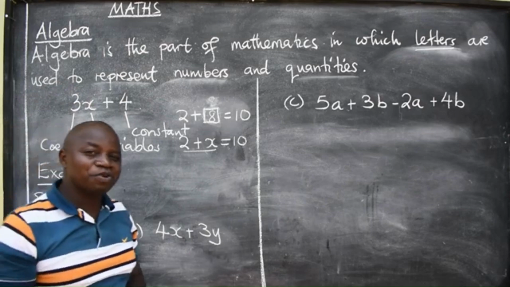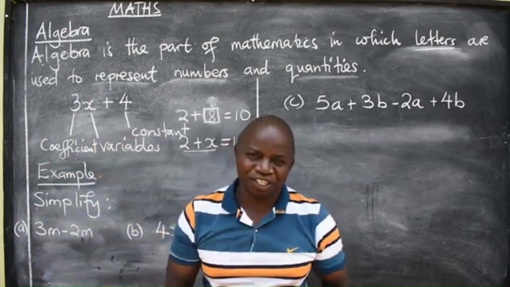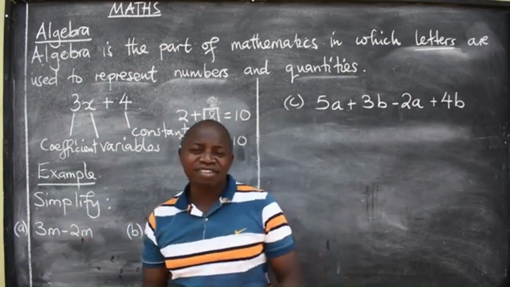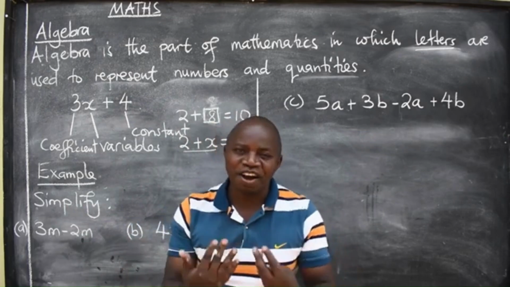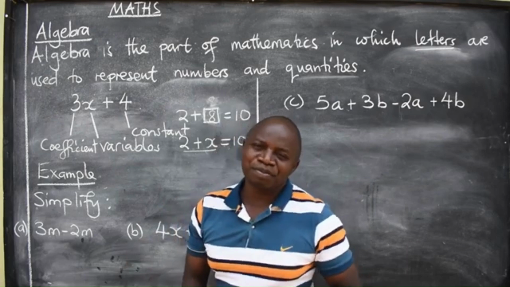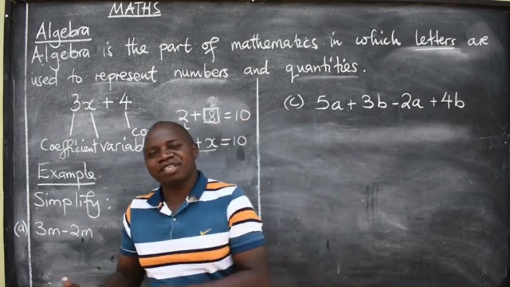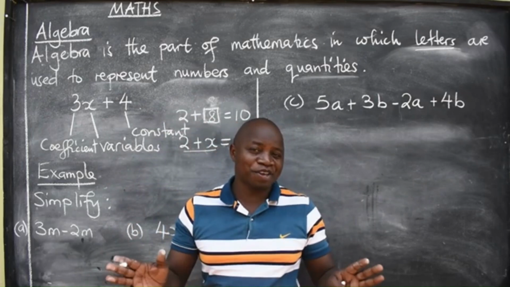We now move on to examples. Algebraic expressions can be simplified. Algebraic expressions can be factorized. Algebraic expressions can be expressed as single fractions. Hope we are together on those terms.